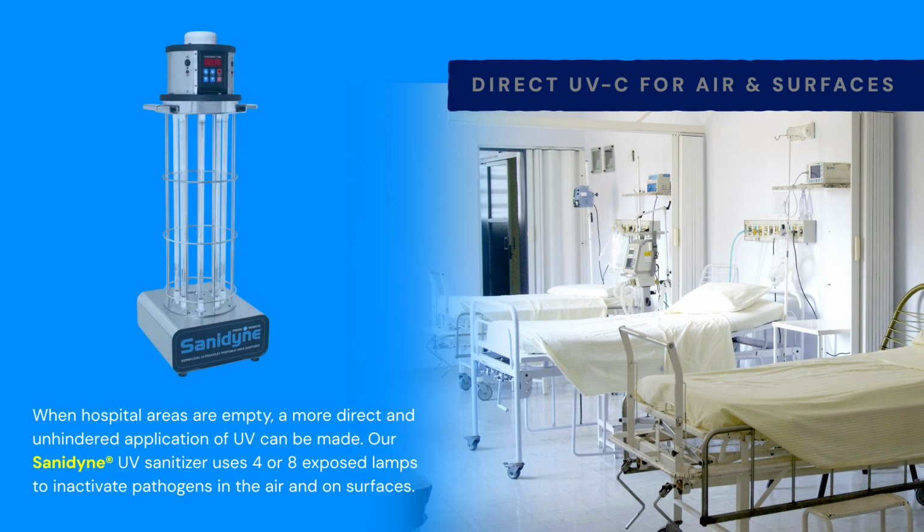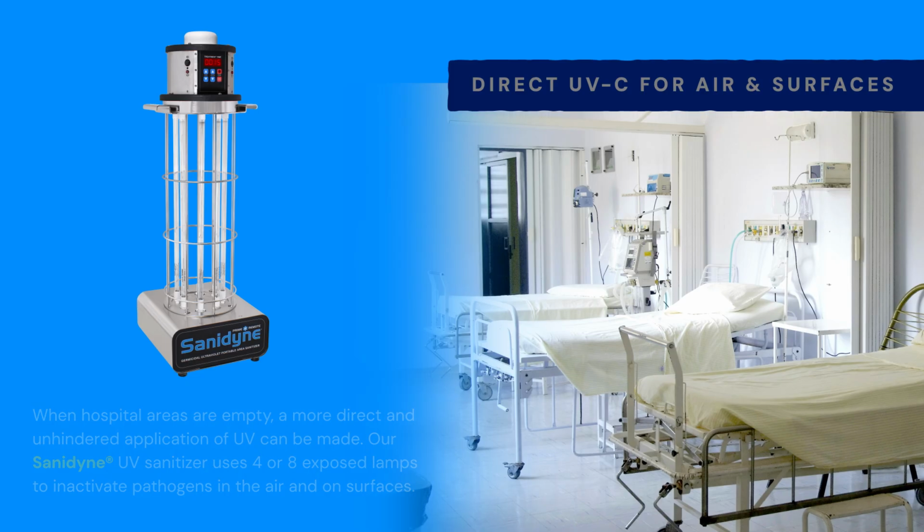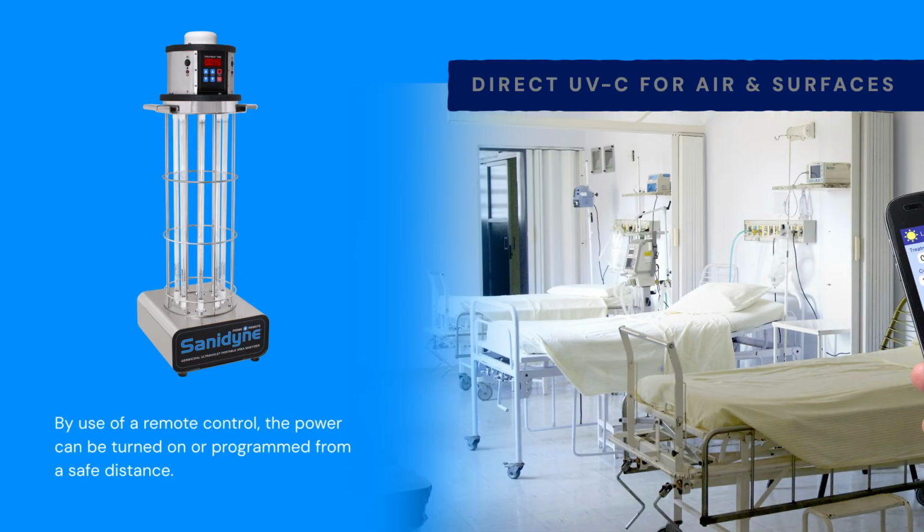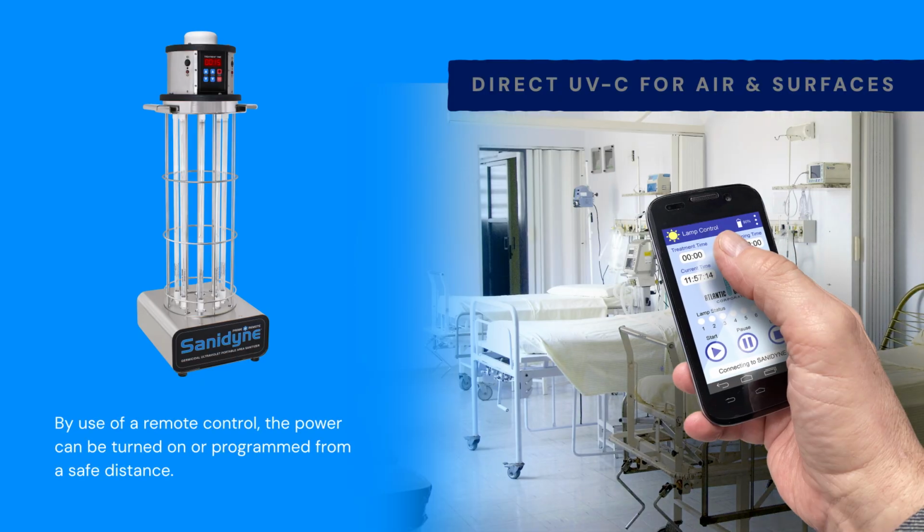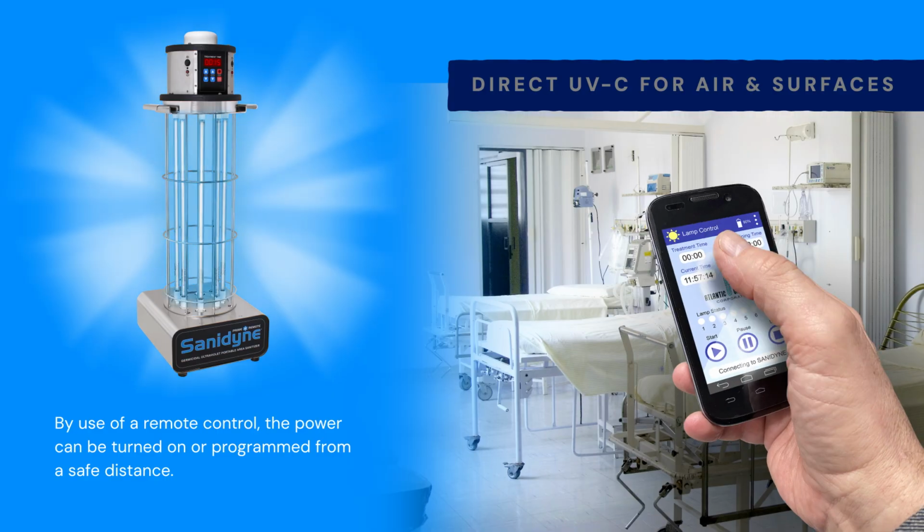Our Sanodyne UV sanitizer uses 4 or 8 exposed lamps to inactivate pathogens in the air and on surfaces. By use of a remote control, the power can be turned on or programmed from a safe distance.